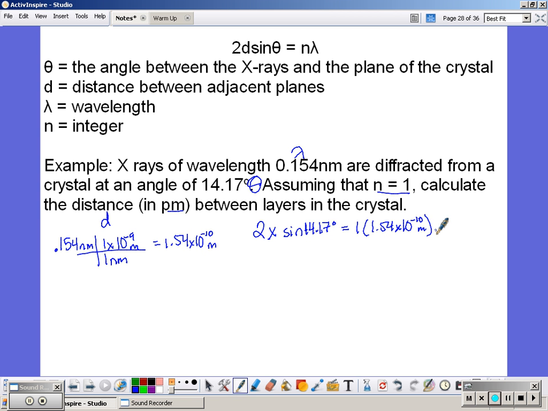And then just solve for the distance. x would equal 7.7 times 10 to the negative 11 meters. But they want it in picometers. Well, we know that 1 picometer is 1 times 10 to the negative 12 meters. So that would give us a distance of 77.0 picometers.